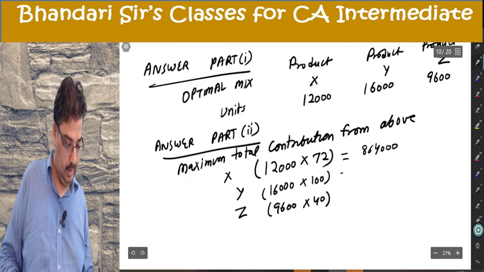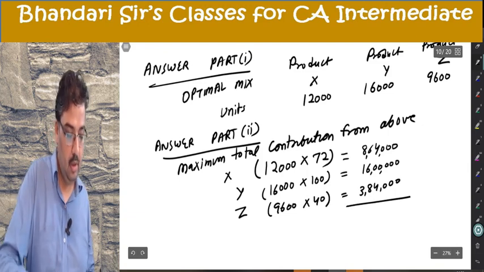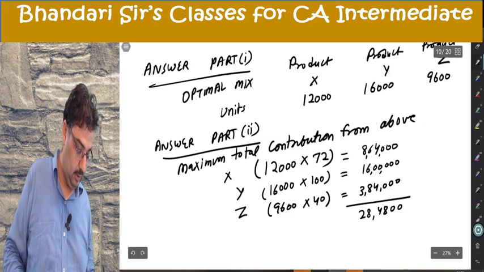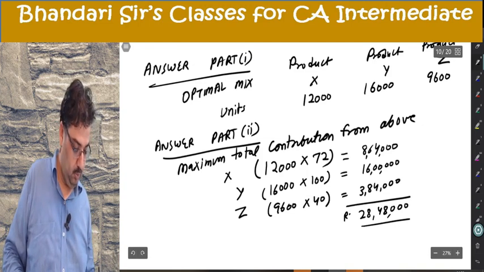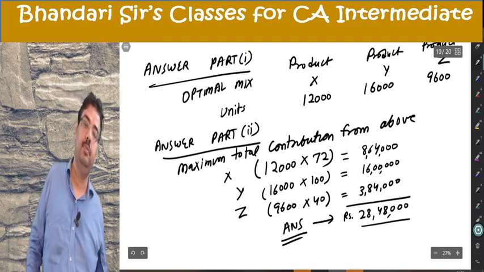I get 8,64,000, 16 lakh, 3,84,000. If you add, you get 28,48,000 rupees. This is my answer of part 2.